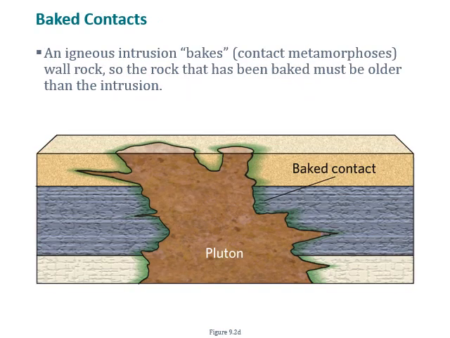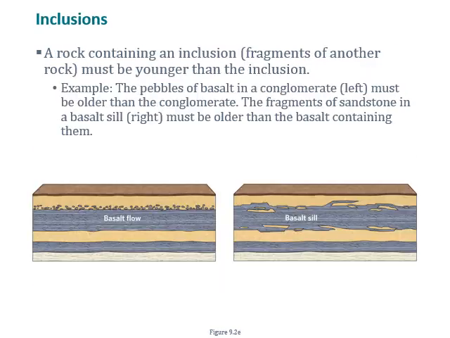Then we have baked contacts. This principle states that if an igneous intrusion bakes or cooks the wall rock that it intrudes, the rock that has been baked must be older than the intrusion. It's very similar to cross-cutting relationships. Then finally we have the principle of inclusions, and this states that a rock containing an inclusion or fragments of another rock must be younger than those inclusions themselves.